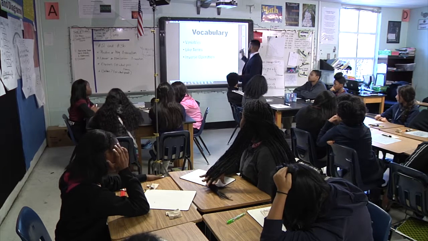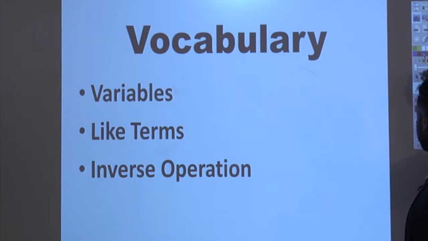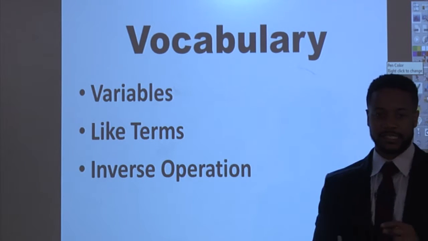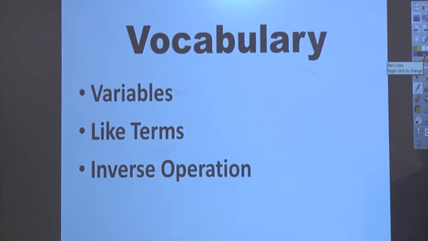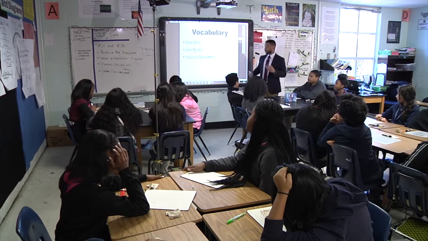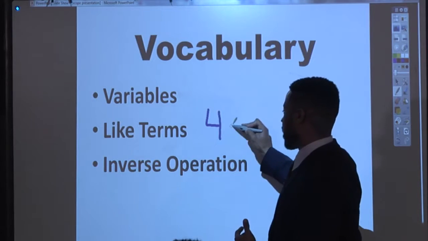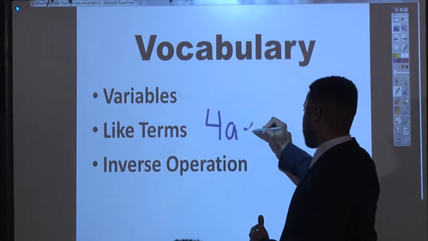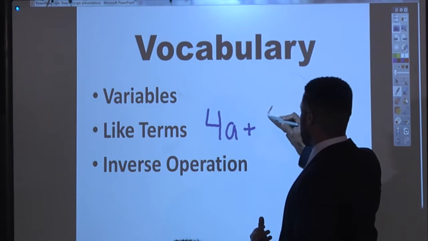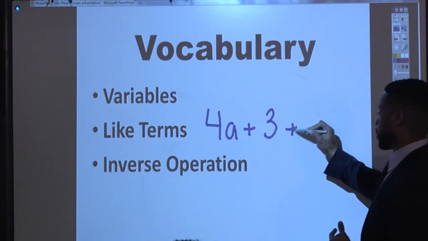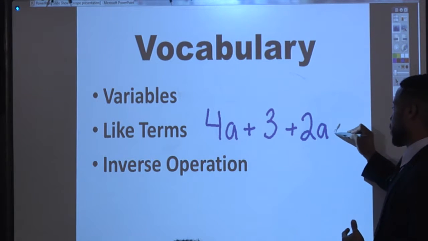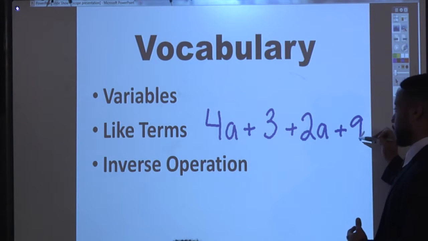Like terms are terms with the same variable and the same power. Here's what we mean by that. 4a plus 3 plus 2a plus 9.